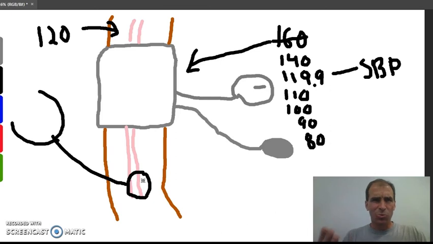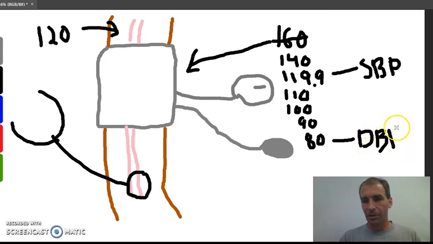That seems weird. You're like, wait, does that mean blood's not flowing? No, of course blood is flowing. The difference is that blood is flowing both during systole and diastole, and because of that, I'm not really going to hear the distinguishing features between them. And so that 80, when I stop hearing something, is what we call our diastolic blood pressure.